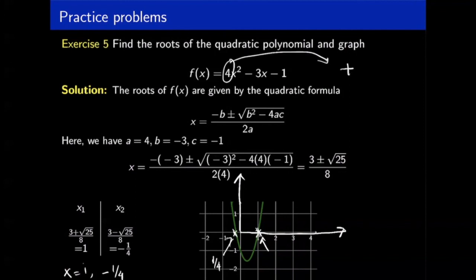So it means the parabola is upward. So the parabola is upward and it will intersect at two locations because there are two different roots of this quadratic function. So this helps us to actually plot the graph of this parabola by having the information of the leading term and also the roots of the quadratic function.